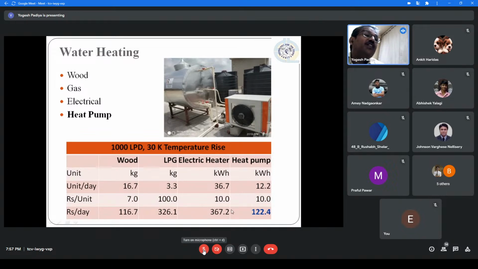Obviously, if you are using wood, it will say go for wood. But if you are using an electric geyser, sure shot you can change from electric geyser to heat pump, and your consumption will be almost 1/3.